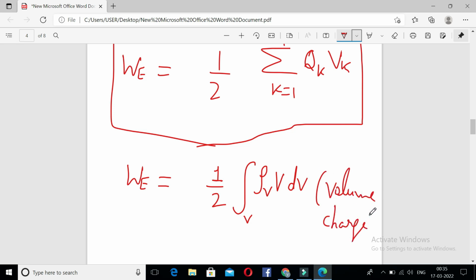The summation has been changed into integration, and the charge Q is equal to the integration of rho V into dV, with the potential written here.